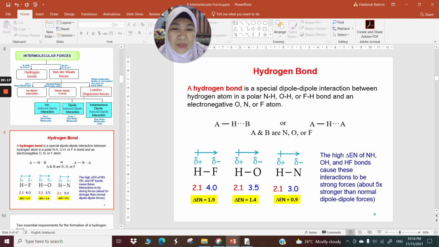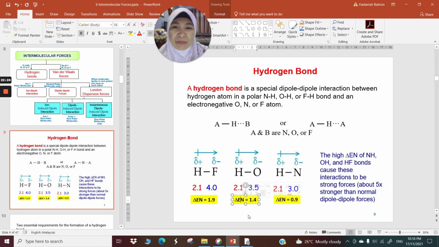Similarly, the delta EN of hydrogen and oxygen is 1.4, slightly smaller than HF, but it is still a polar bond. And H-N is also a polar bond, with a smaller electronegativity difference of 0.9.